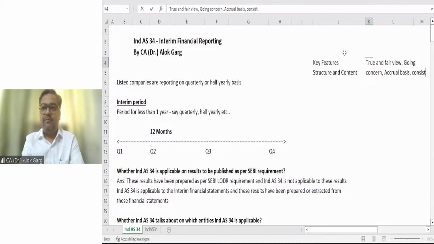Consistency: the accounting policy and presentation should be consistent from one period to another. Offsetting: if the standard permits, you can offset assets and liabilities, income and expenses. Then materiality: material items have to be presented separately. Materiality and aggregation. These items are the key features.